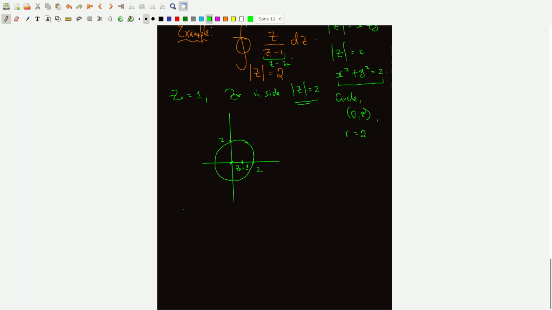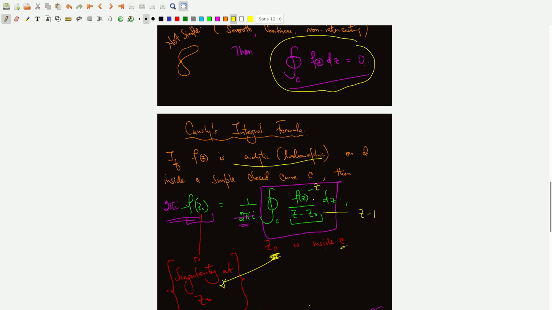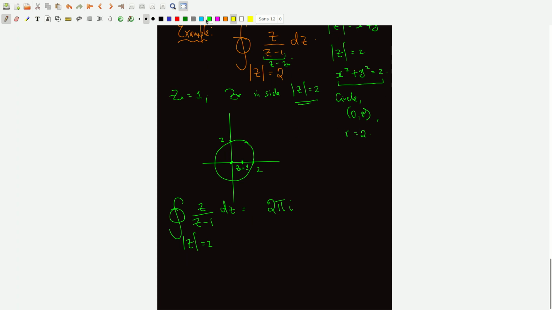So the integral over the path defined by the modulus of z equals 2 of z over z minus 1 dz is simply going to be 2 pi i times f evaluated at z naught.